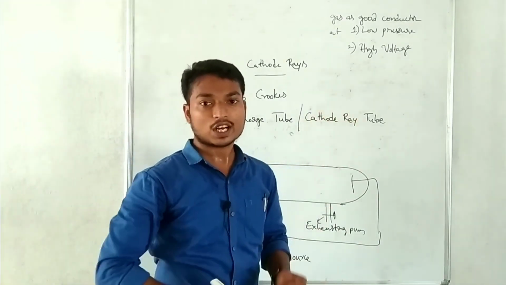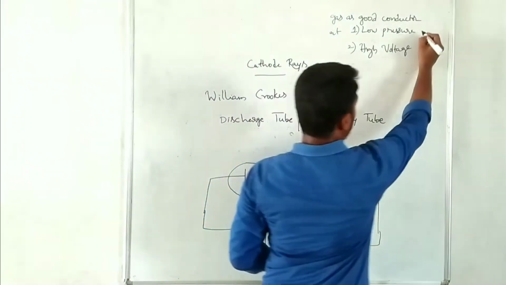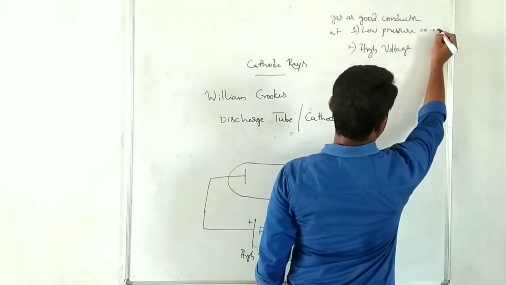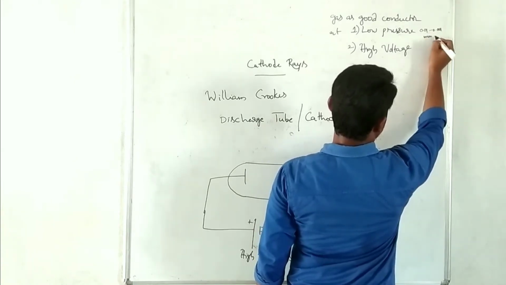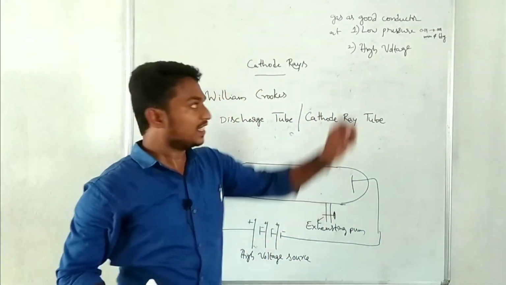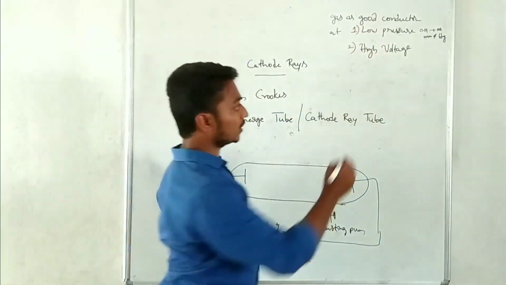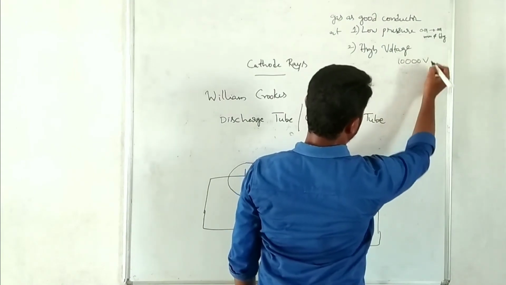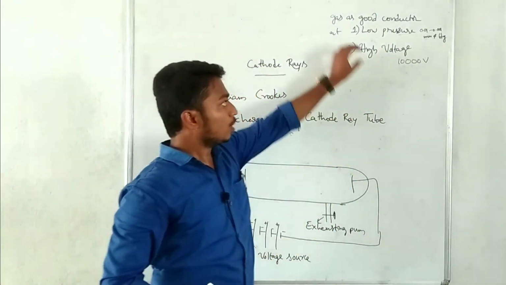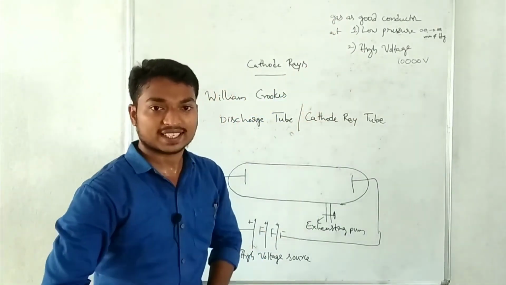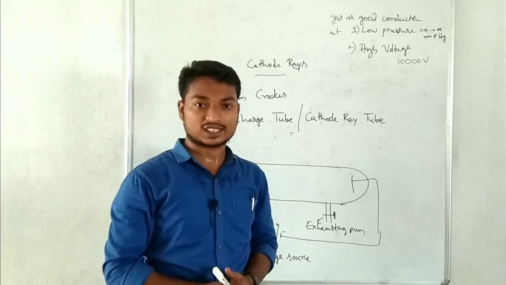What is the pressure and what is the voltage? The pressure is 0.01 to 0.001 mm of Hg, and the voltage will be up to 10,000 volts. So at low pressure and high voltage, a normal gas can also act as a good conductor of electricity.